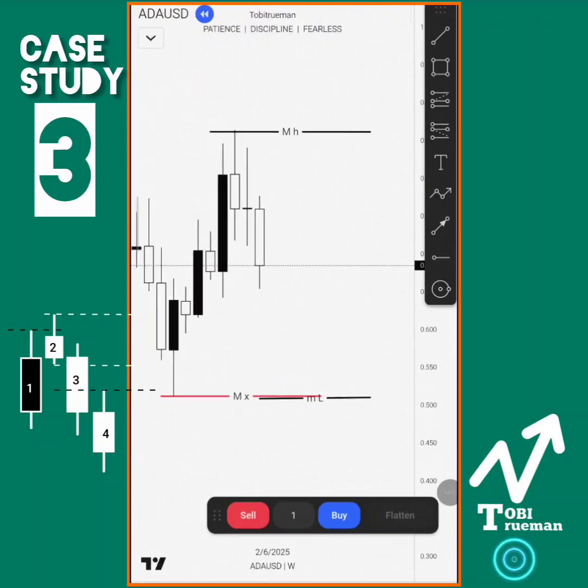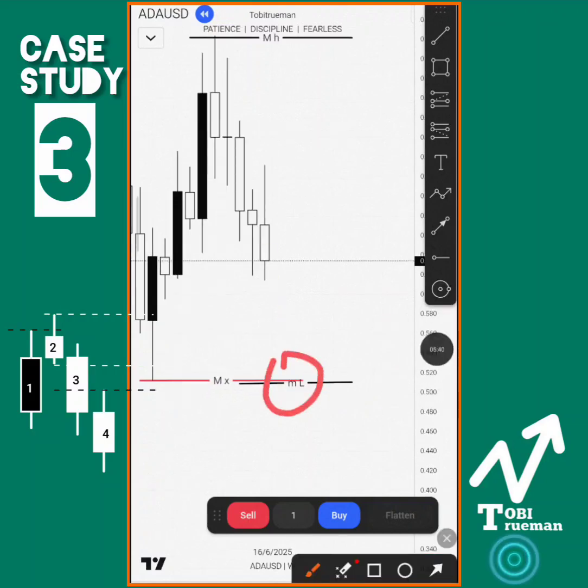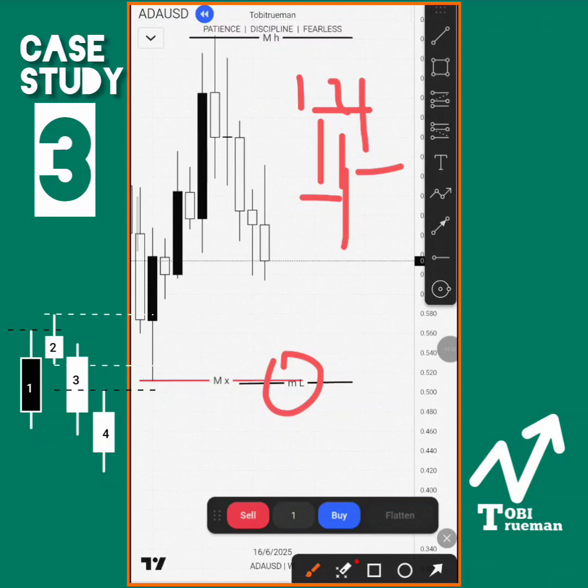So let's play it. We want price to come and take out this low point on the weekly and give us our candlestick formation, whereby number 1 is taken out by number 2, then number 3 takes out the high of 1 and 2. But since that is not happening here, let's see what happened.